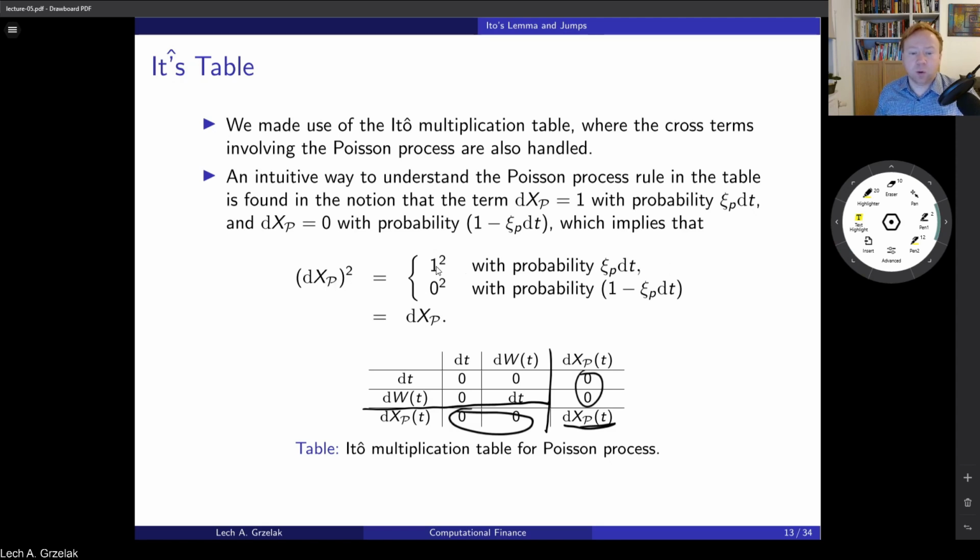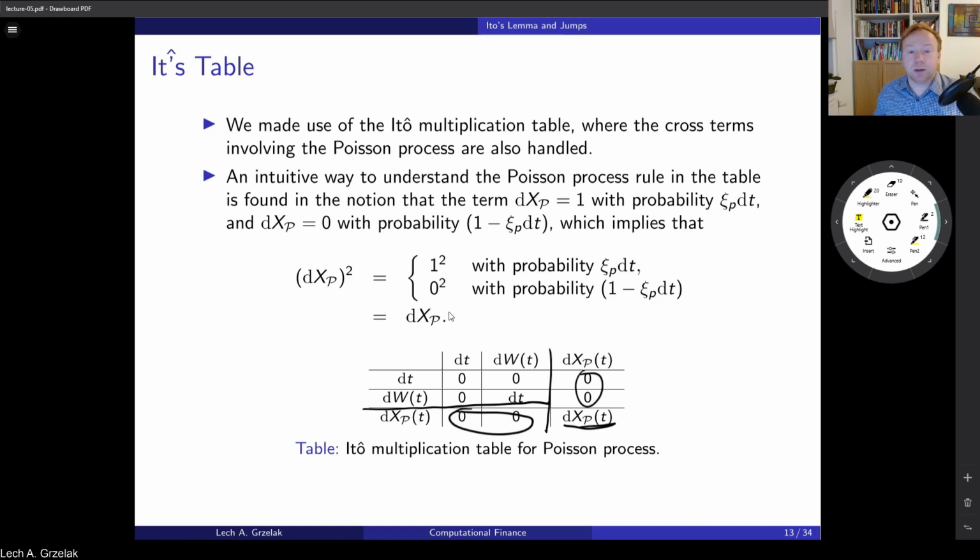We have 1 squared with probability ξp dt, because a Poisson process in an increment of time can only take the value 0 or 1, so squaring does not really change the values. This means we have 1 with probability ξp dt and 0 squared with probability 1 minus ξp dt, and this is exactly equal to what we had in the case of the expectation of a Poisson process.